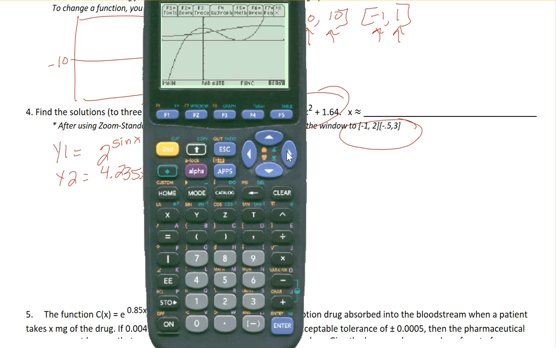And the closer you get, by the way, the faster it will be. So it won't say busy quite as long. So get close to the left side for your lower bound, and then move to the other side for your upper bound. And that will be the third x value that makes the left side of the equation equal to the right side of the equation.